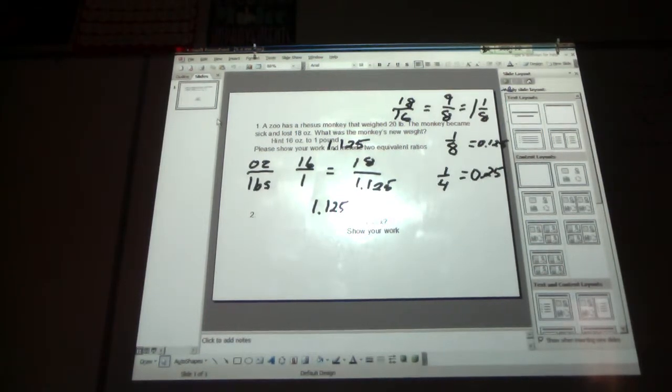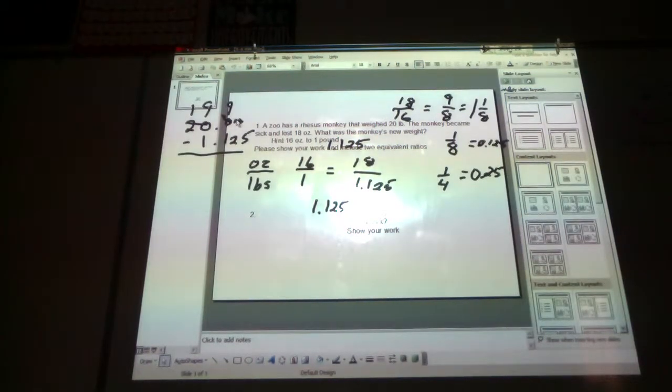I can go back and say 20 subtract 1.125. And I can do all my borrowing here. I put in my decimal point here, this 0 becomes a 10, but I need to borrow one of those 10s to make it 9.